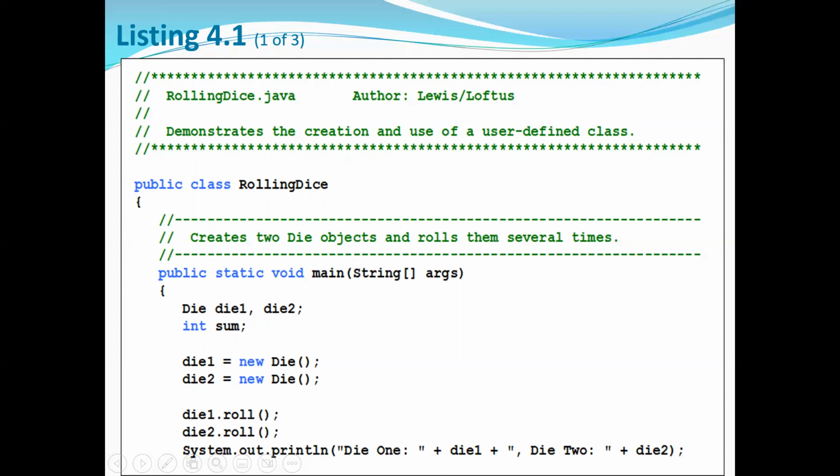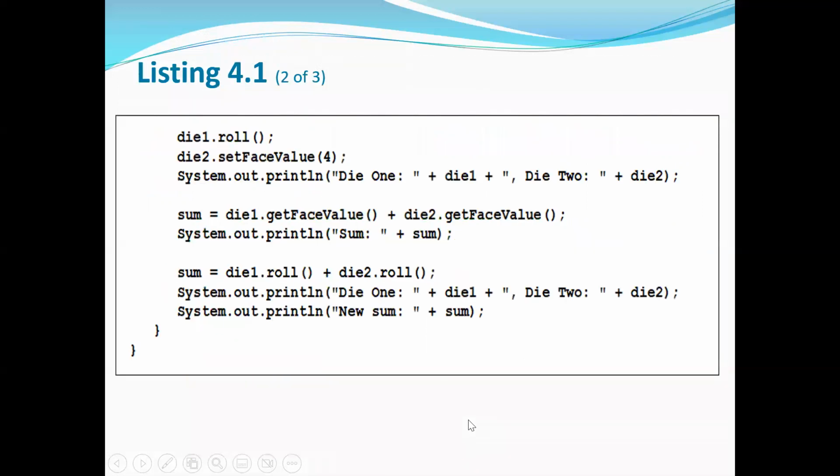So System.out here we say die1 plus die2. So we have the results. Here we say die1 result which we roll, and then die2 result that we roll. The plus sign here, as we said at the beginning, we can use it to concatenate two strings or one string and one value.